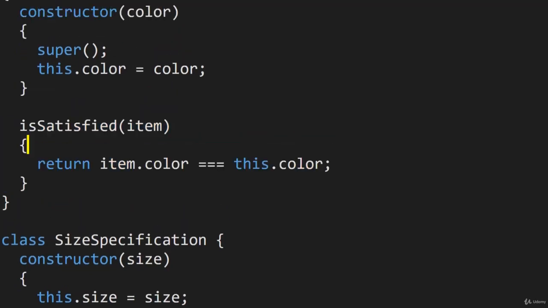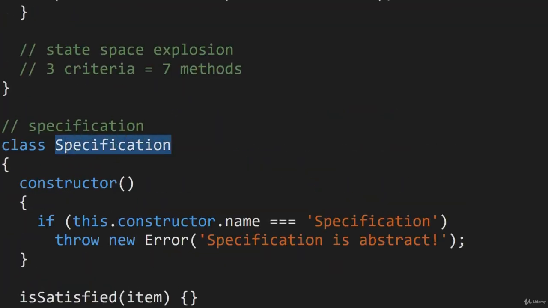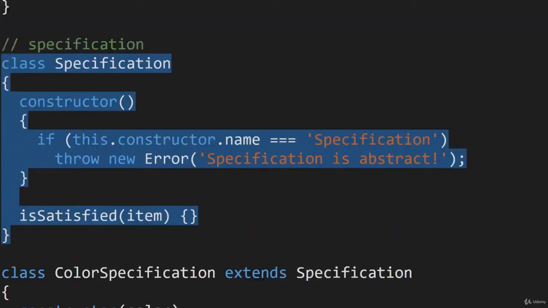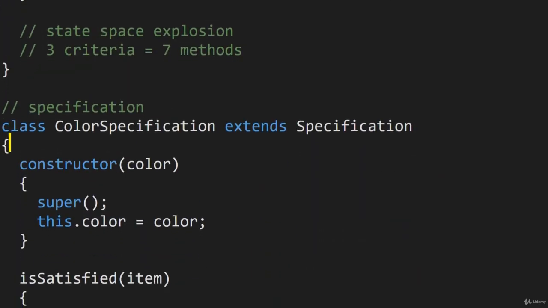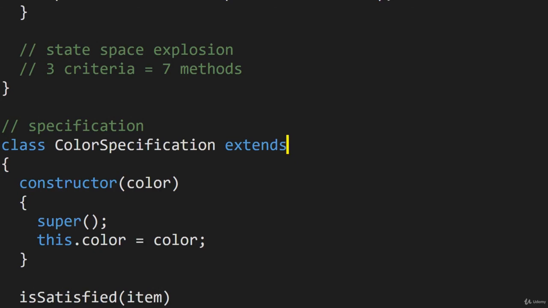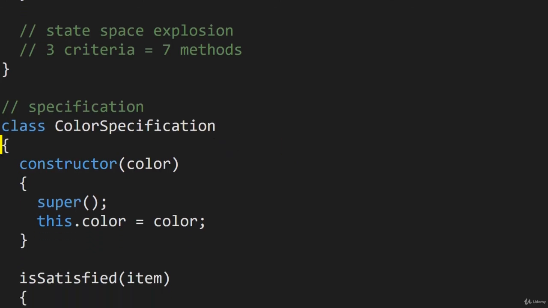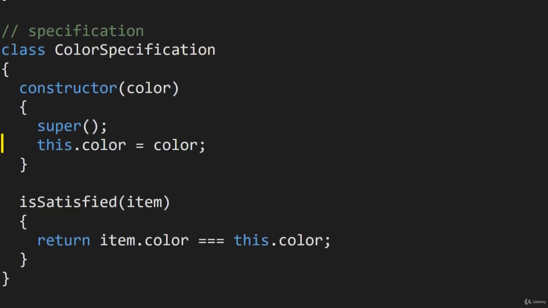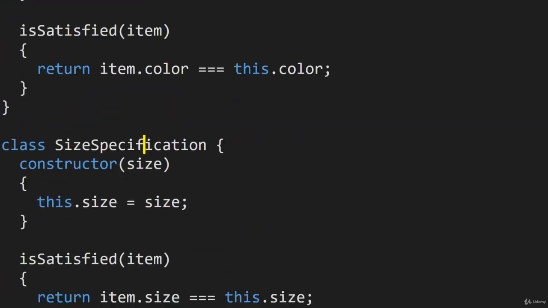So in JavaScript, things are a bit different in that there is no real need for a base class like Specification. You can just do away without it and use duck typing whenever you provide specifications to a filter, for example. But generally, the idea is that you use inheritance of some kind, or at least you use this separation of concerns effectively.